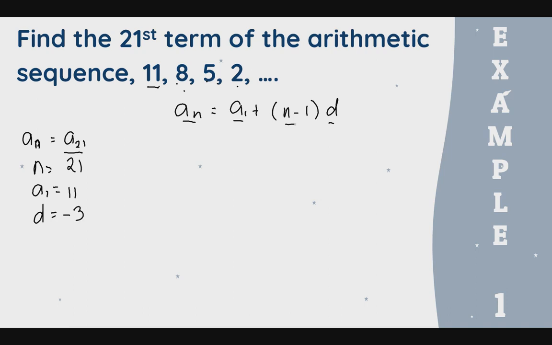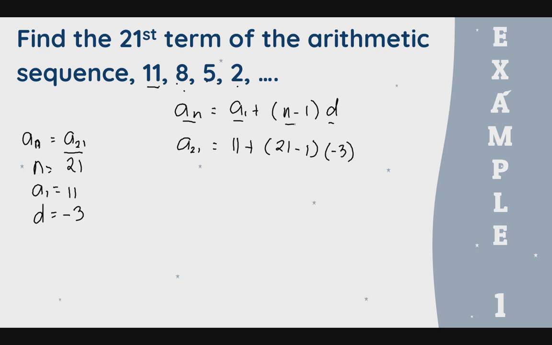So our sequence is decreasing, therefore our common difference is a negative integer. So our a sub 21, let's substitute it to our equation, is equal to a sub 1, which is 11, plus quantity n, which is 21, minus 1, times the common difference, which is negative 3.